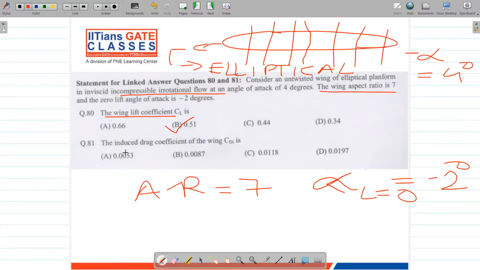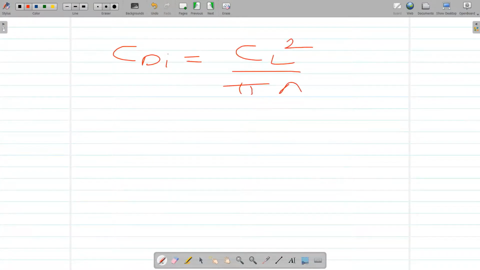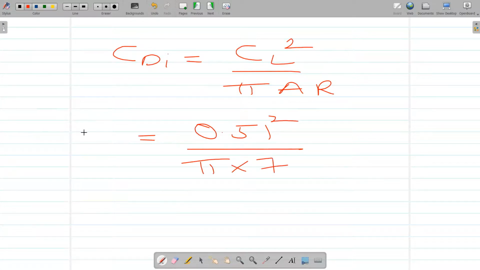And the next question, the induced drag coefficient of the wing. So induced drag coefficient, as you guys know, can be calculated from the CL value as CDi = CL square by pi AR, and Oswald efficiency factor e is 1. So CL is 0.51, square of it, divided by pi times the aspect ratio 7.